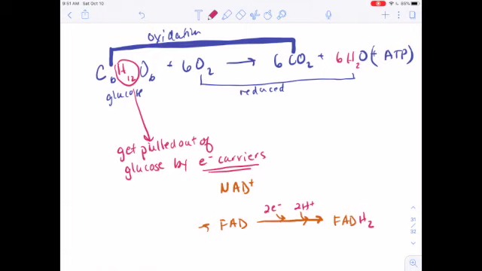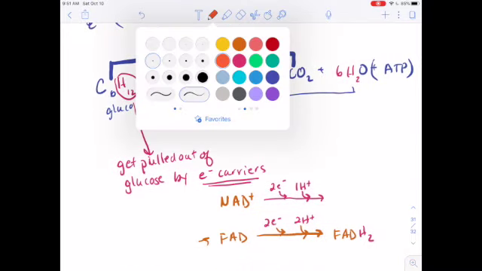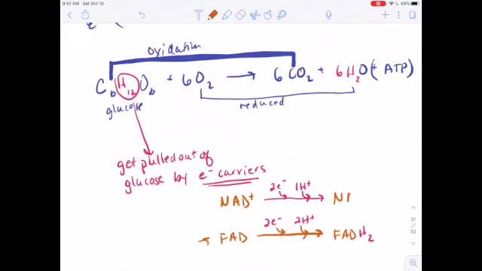All right. NAD, on the other hand, can bind to 2 electrons, but only 1 proton, like that. And so it becomes NADH.